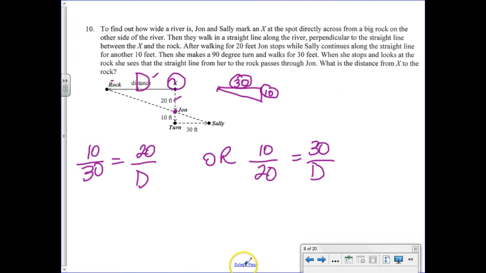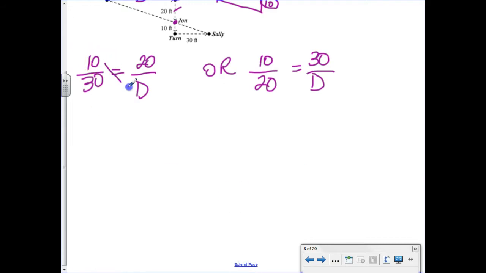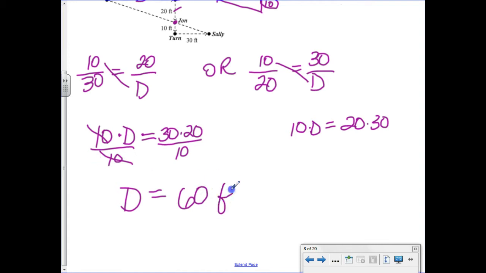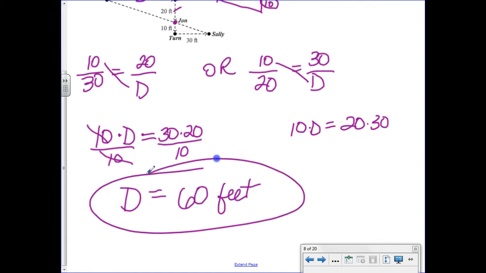Either way, it does not matter which way you solve, because your cross products will end up being the same. 10 times D equals 30 times 20. If you use this proportion, you'd say 10 times D equals 20 times 30. And then you're going to divide by 10. Either way, you should end up with your distance equaling 60, and we are in feet. There's your final answer.